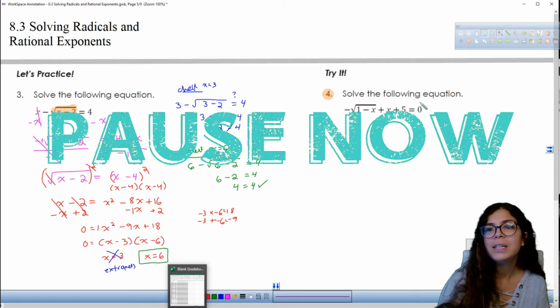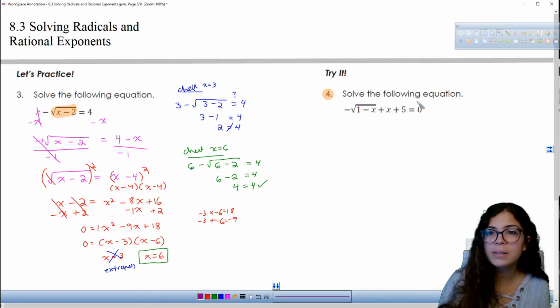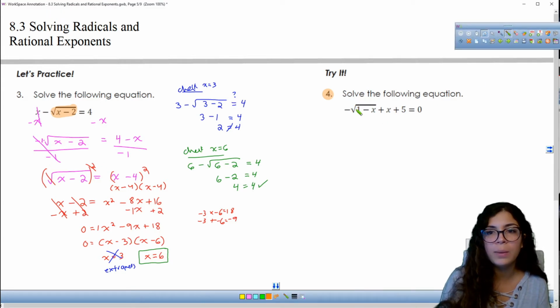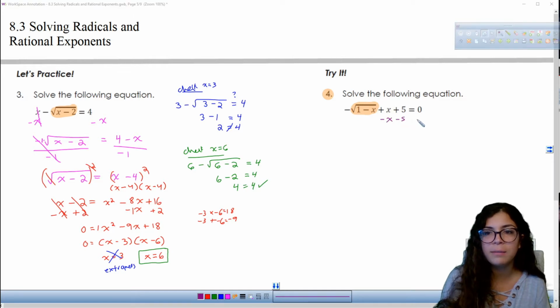All right, so solving this equation, again, we want to always isolate the radical, right? So whatever radical it is, you want to go ahead and isolate it. So first I'll move over the terms positive x and 5 by subtracting x and subtracting 5 to both sides. So now I have negative square root of 1 minus x equal to negative x minus 5.